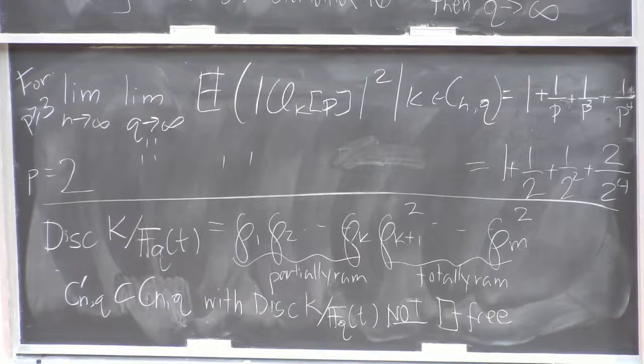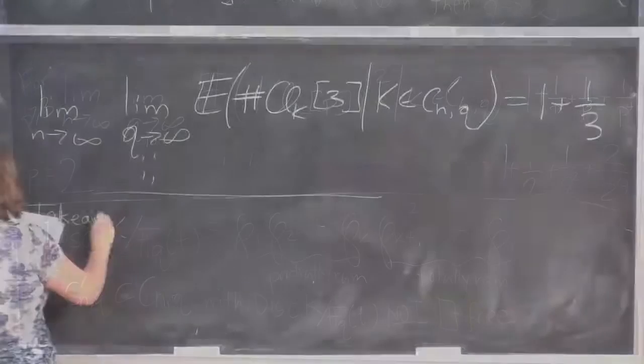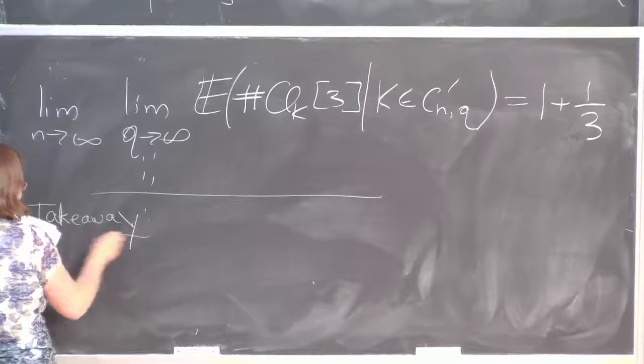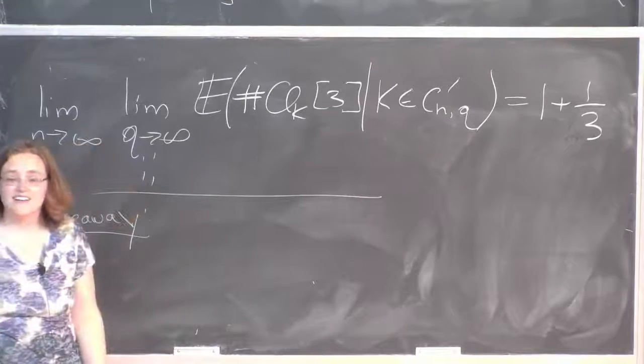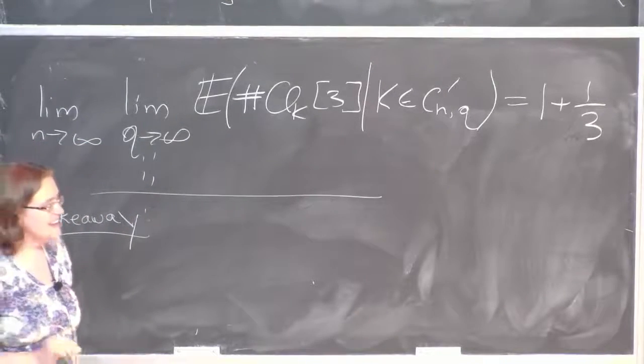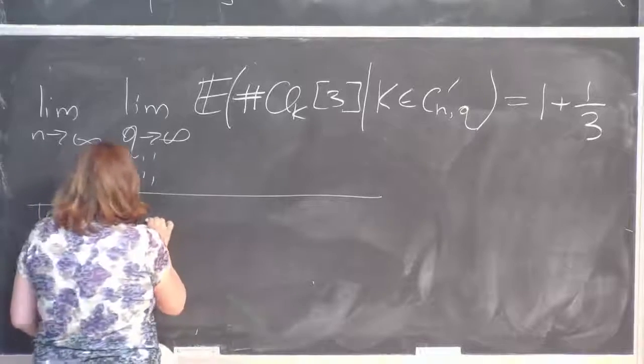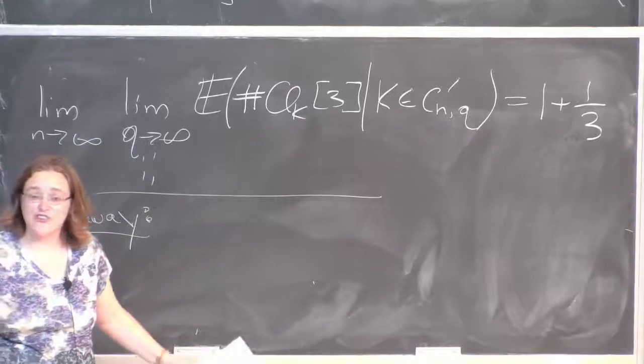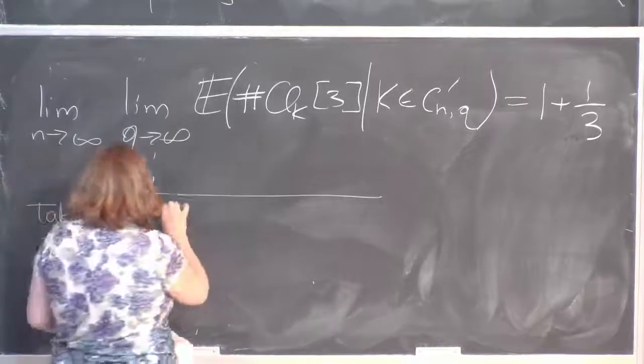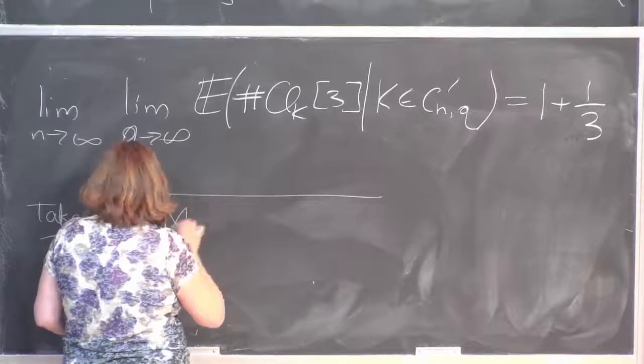Okay, so maybe the takeaway. So this is about cubic extensions, and so for that it's specific to 3. And we'll close by saying what has to do with 5.